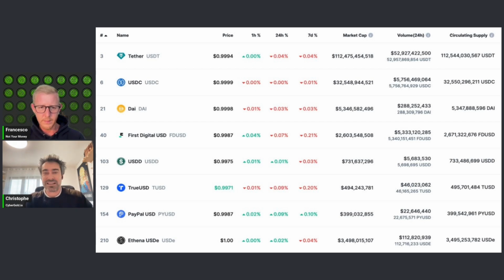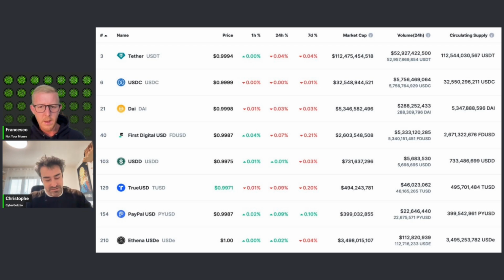Almost 90% of the market cap of stablecoins is USD pegged. Almost 90% of the market cap is made of what we call centralized stablecoins, but we will discuss that after. Also, almost 90% of the market is in the hands of the two main actors, USDT, Tether, and USDC.